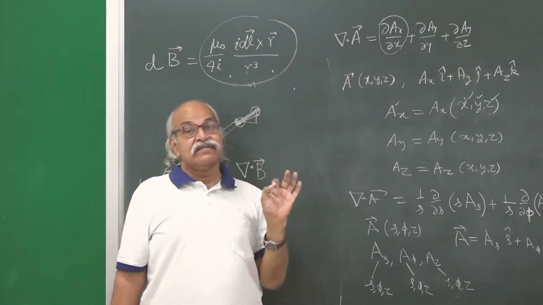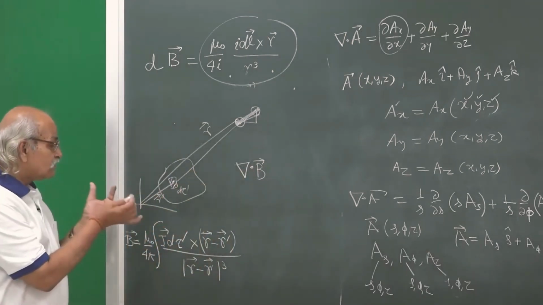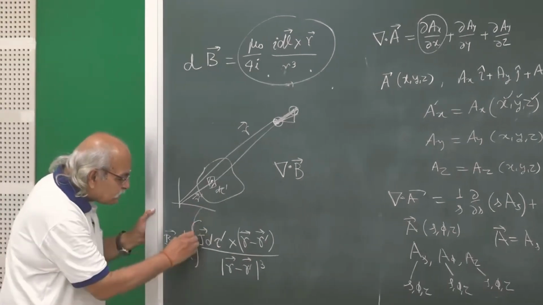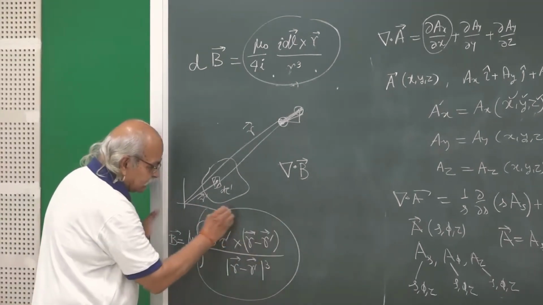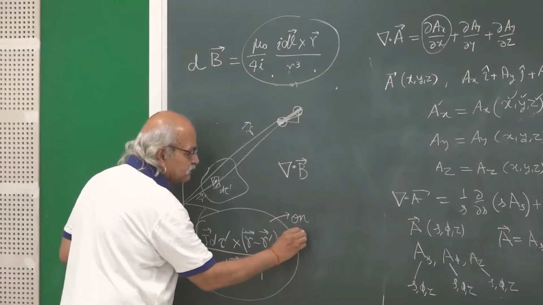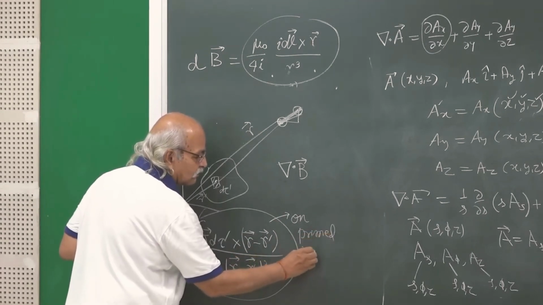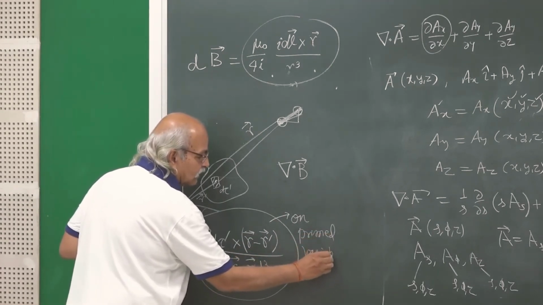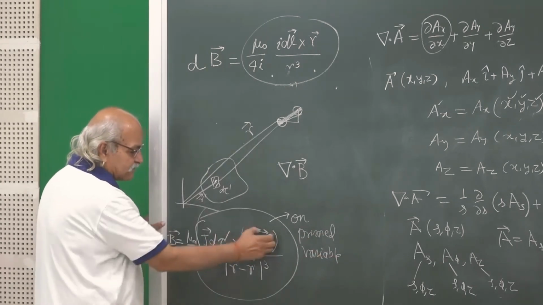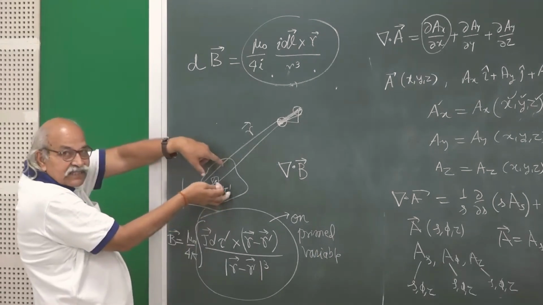So remember this minute statement that when I am doing integration, this integration is on primed quantities. That means this d tau prime, this r prime, we have to change and do the whole integration on this current distribution.